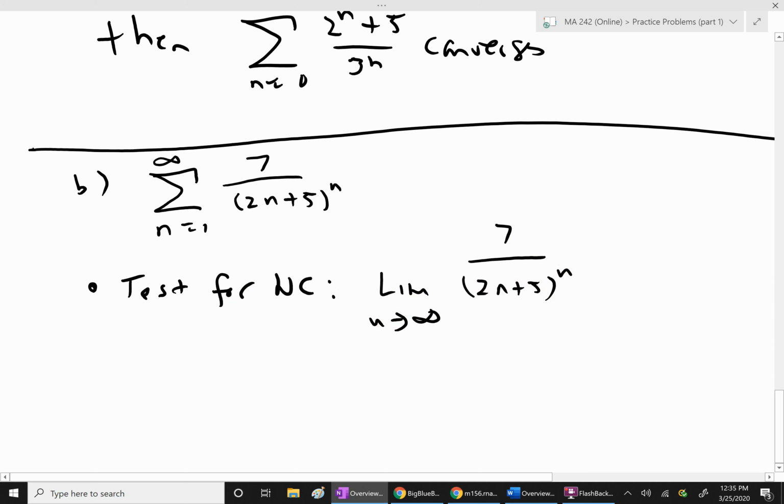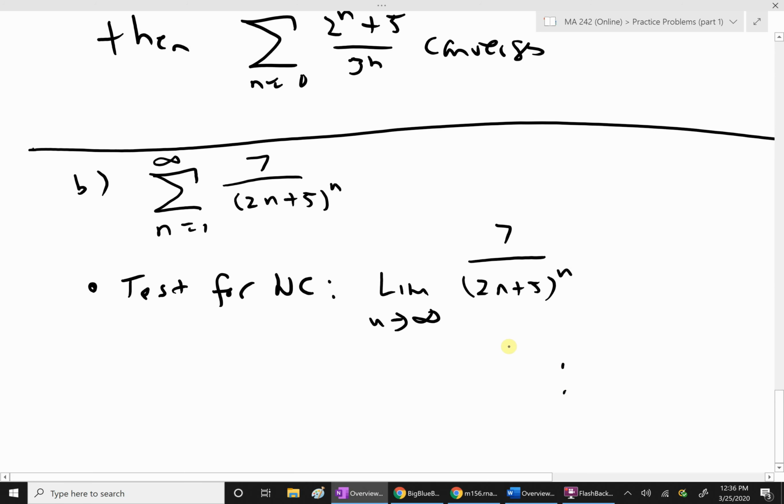What will that be? Zero. Okay. And how do you know that? What is your logic? Oh, because when you plug in infinity for n, that whole denominator becomes infinity, and any number over infinity is 0.